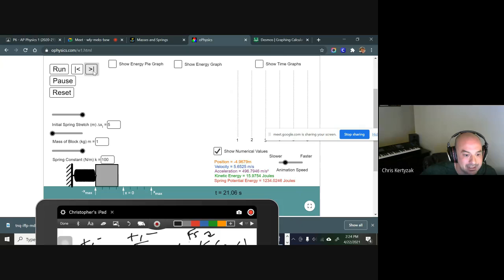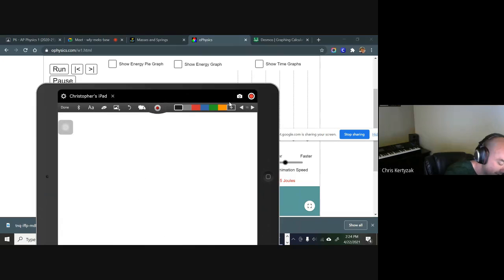So it has a maximum acceleration again here. Acceleration is going to be plus. The acceleration vector will be straight to the right, in the direction of the net force, which is to the right from the spring. And again, on the opposite side, the acceleration is also a maximum here, but its acceleration is to the left.